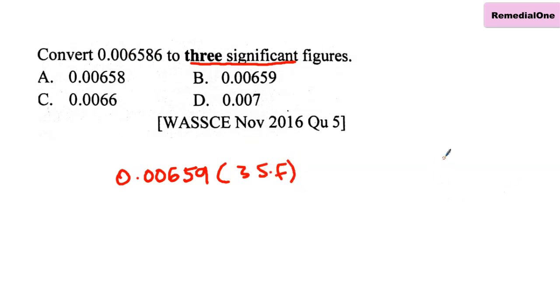What if it was a decimal and they say leave your answer to 3 decimal places? It's the same thing. We look at where the point is and then we count 3. So here 1 2 3 would have stopped after the 6, and we look at the next digit, which is 5, and because it's 5 we have to add 1 to the 6.